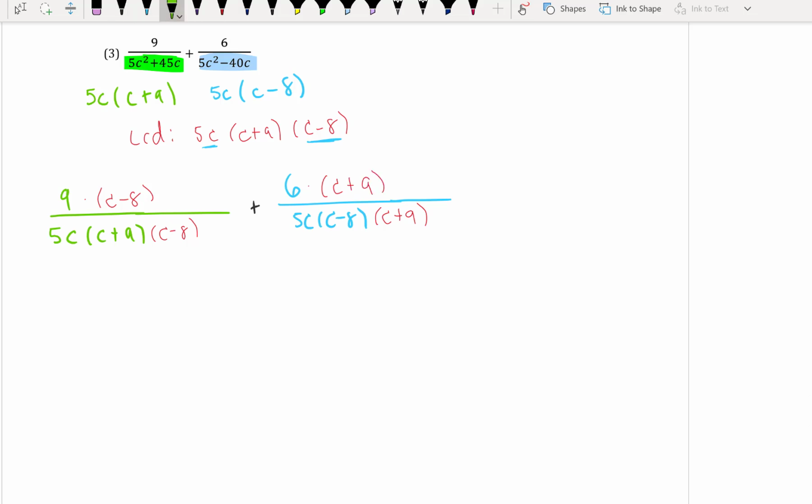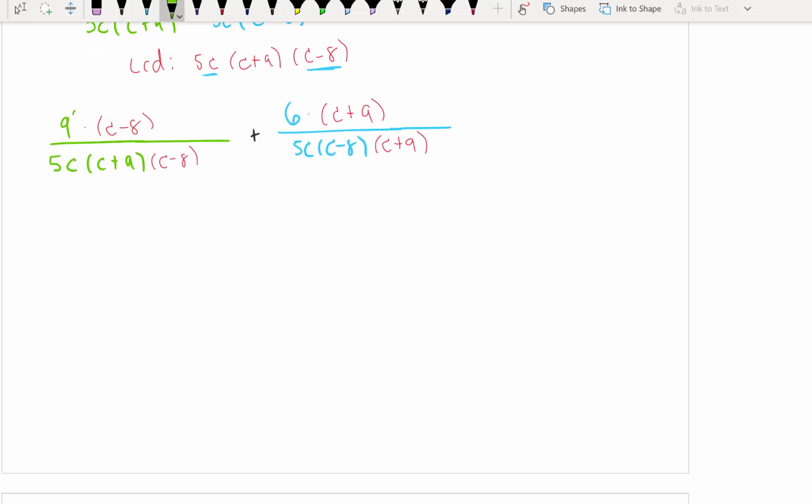So now it just becomes a distribution problem. So now I'm going to multiply. So 9c minus, and 9 times 8 is 72, over 5c, c plus 9, c minus 8. Plus, I'm going to distribute here.